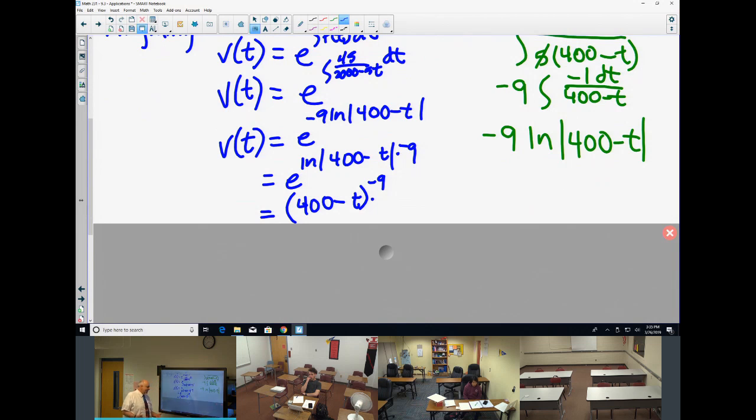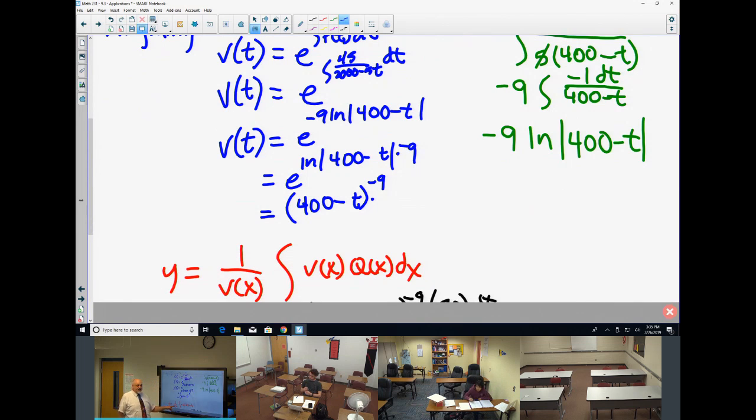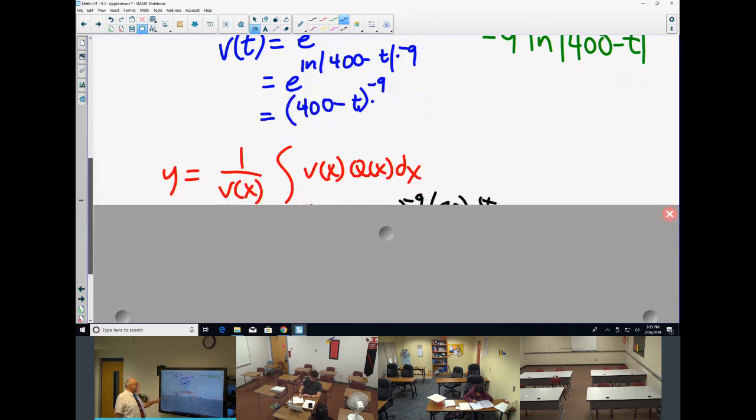So now for the answer, the y, this is another formula from yesterday. So y equals 1 divided by v of x times the integral of v of x, q of x, dx.